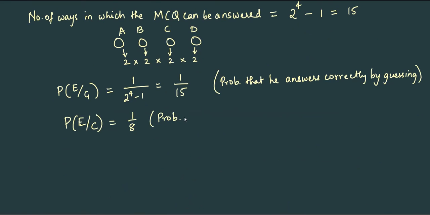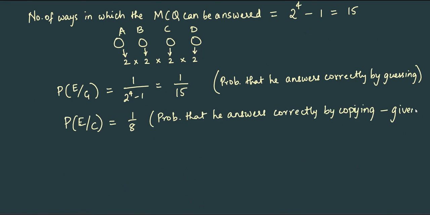So this is given data, given in the question. Now the probability that he answers correctly given that he knows.